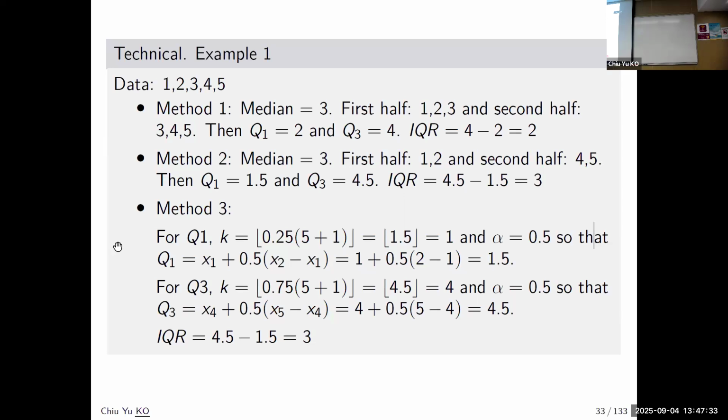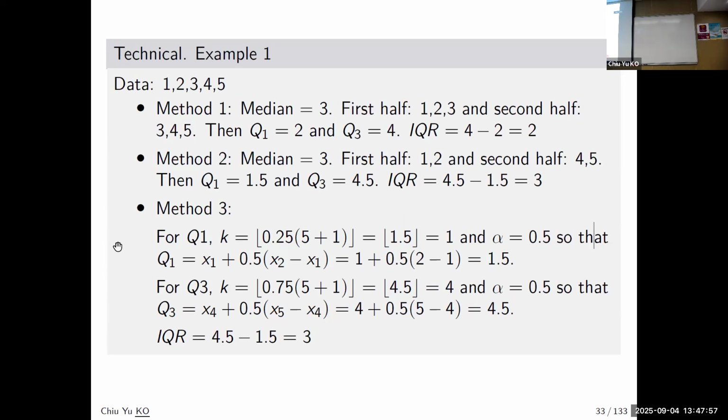You can see the integer part of 1.5 is 1, and the remaining alpha is 0.5. So that's what we get: the first observation plus halfway between 1 and 2. So Q1 is 1.5.